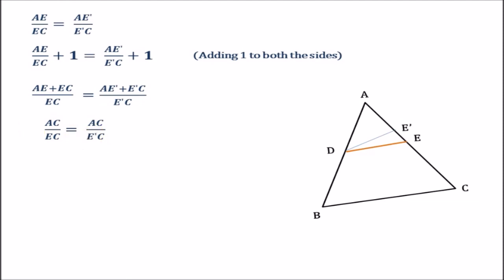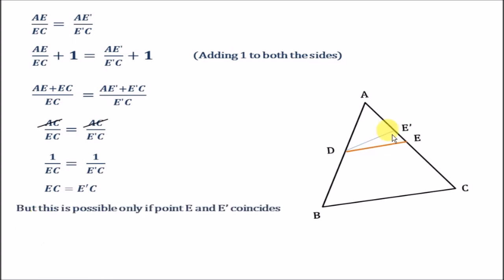Since the numerators are the same on both sides, we can cancel out AC from both sides. So our equation has reduced to 1 by EC equals 1 by E dash C. Now on cross multiplying, EC into 1, EC, equals E dash C into 1, E dash C. E and E dash are points on the same line segment AC, and the distance from E to C and the distance from E dash to C are equal.